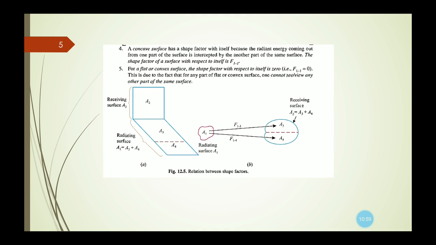So the shape factor of a concave surface with respect to itself is F11. Whatever the suffix, F11 or F22, it represents the shape factor of a surface with respect to itself.